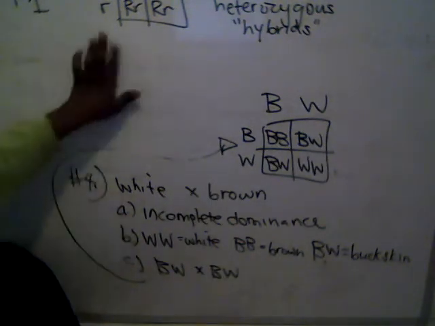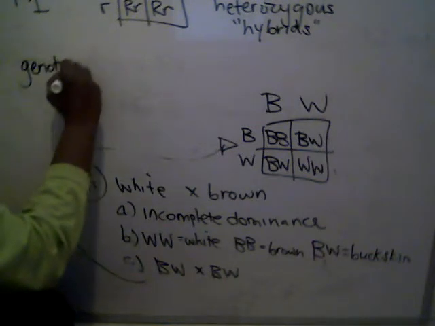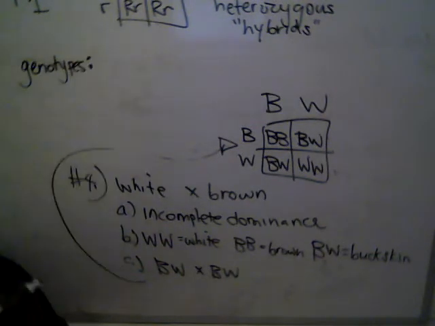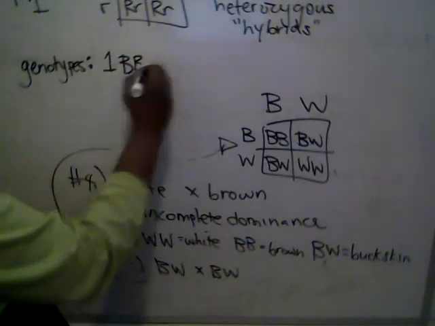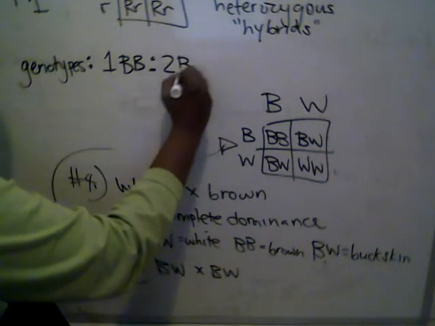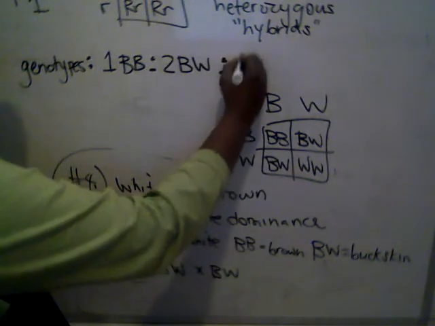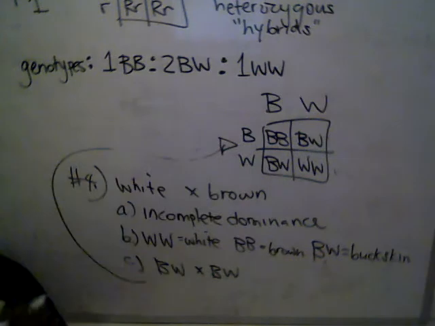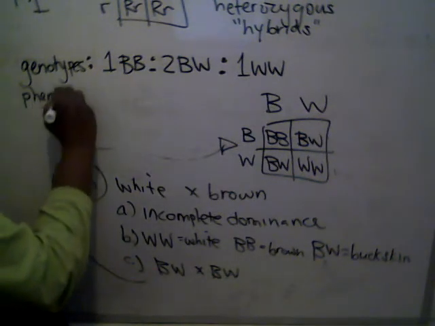So if we had to come up with the genotypic ratios, so let's start with the genotypes. Okay, the genotypes for these would be 1 big B, big B to 2 big B, big W's, because these 2 are big B, big W's, to 1 big W, big W. So that would be the genotype. The phenotypes, that's what they physically look like.